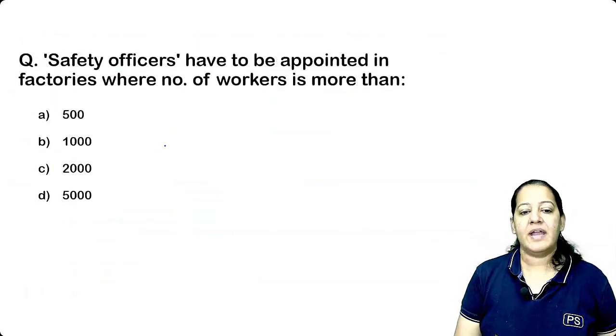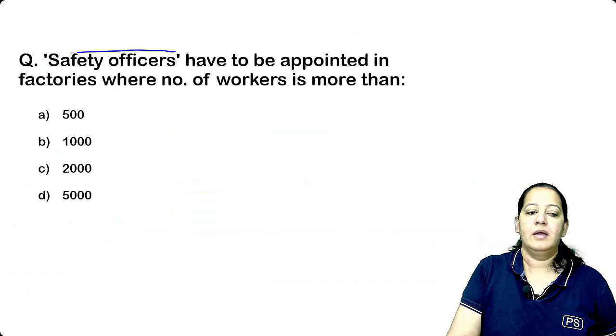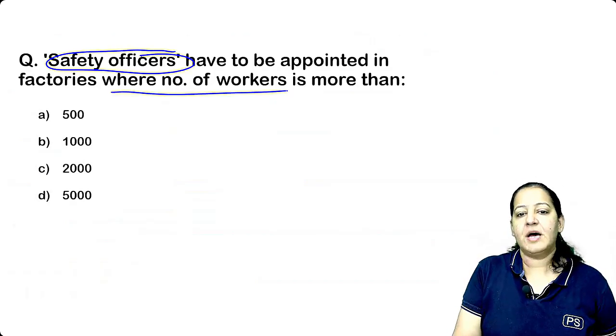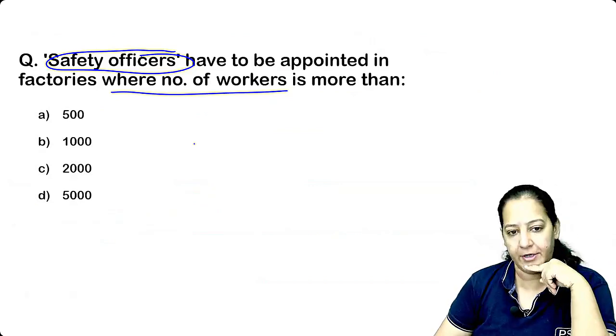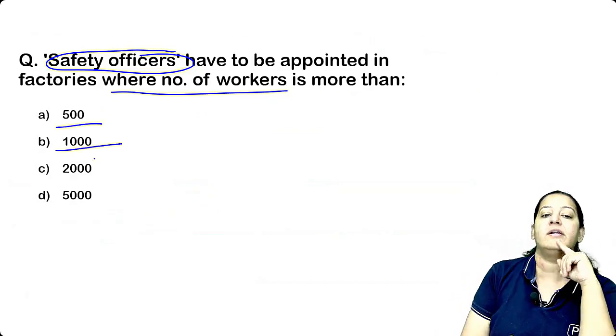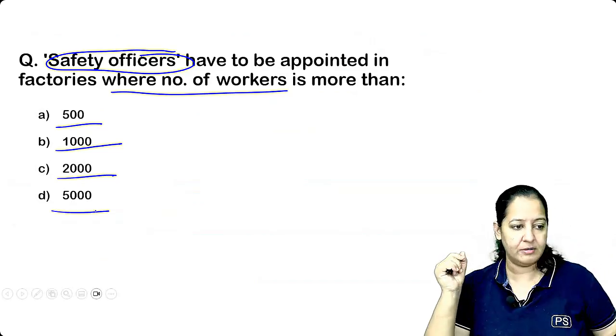The next question is in front of you. Safety officer is appointed over how many workers? Over how many workers should there be one safety officer? I told you 500 workers, 1,000 workers, 2,000 workers or 5,000 workers. Please try and tell me the answer.